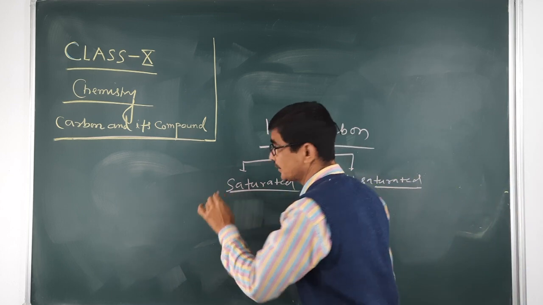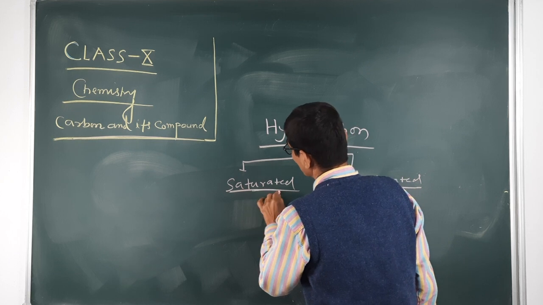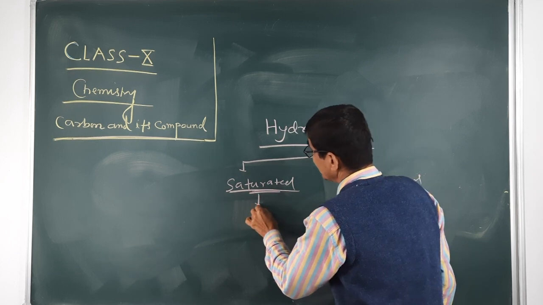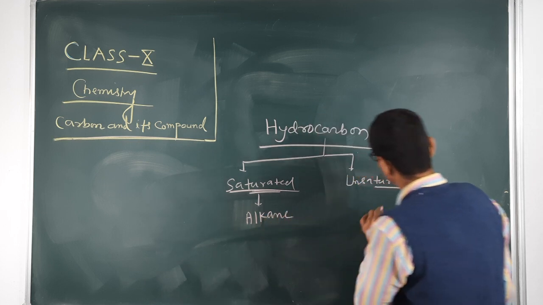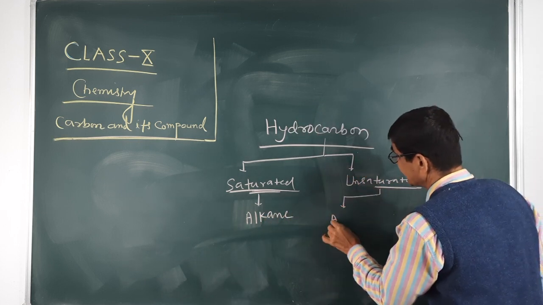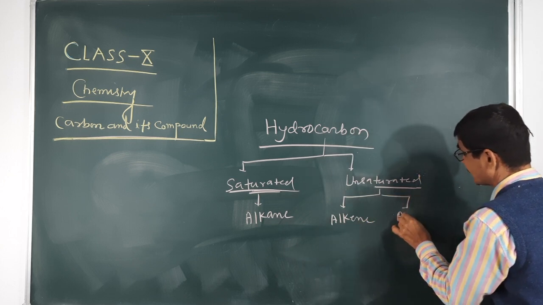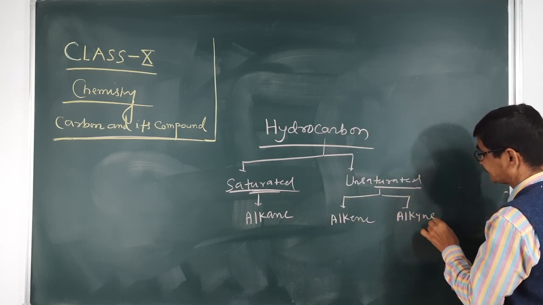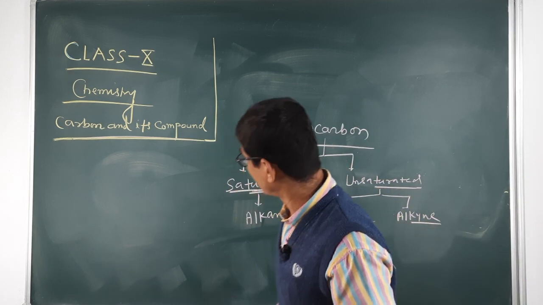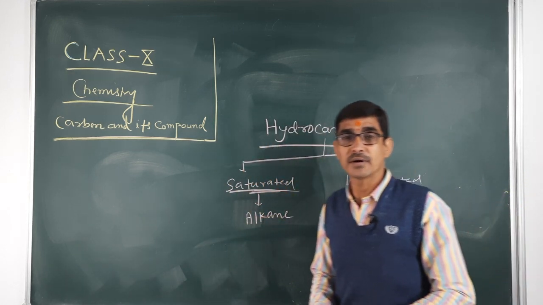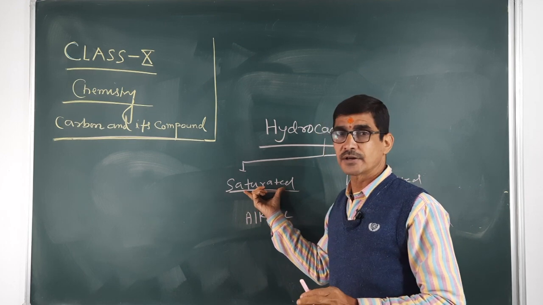In case of saturated hydrocarbon, only one part is called alkane. Now, unsaturated has two, which is alkene and alkyne. Okay. So saturated hydrocarbon, the hydrocarbon which is satisfied by single covalent bond, that is called saturated hydrocarbon.